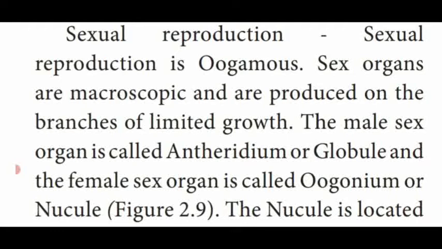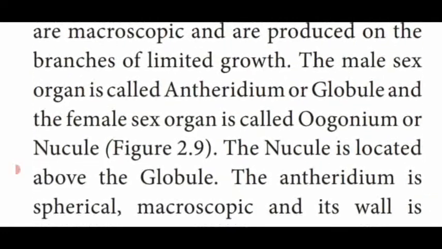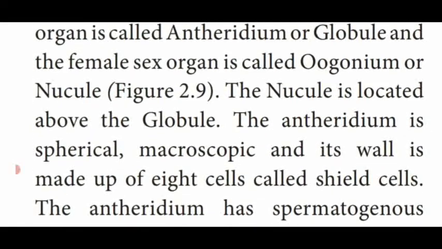The male sex organ is known as antheridium or globule. See the word globule and underline it. It's very, very important. And the female sex organ is called oogonium or nucule. Underline the word nucule.